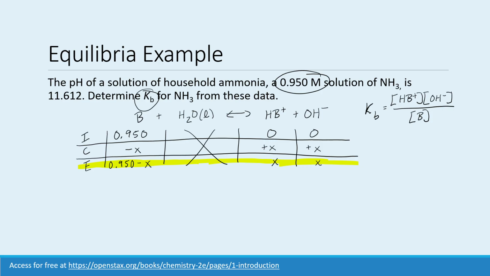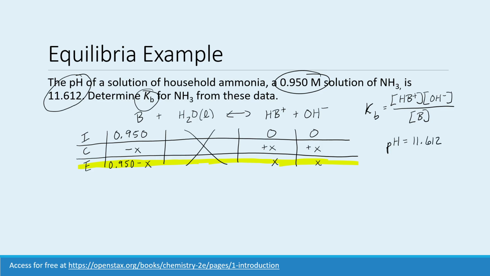Okay, now in order to solve for Kb, we're going to have to figure out what X is. Now before, X came from the pH because the pH told us the hydronium ion concentration. And again, they tell us the pH, right? So pH is equal to 11.612.